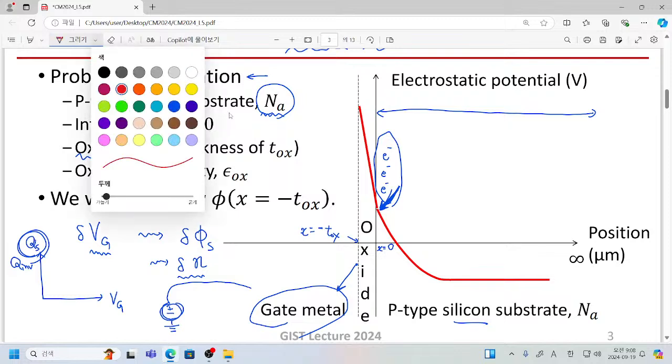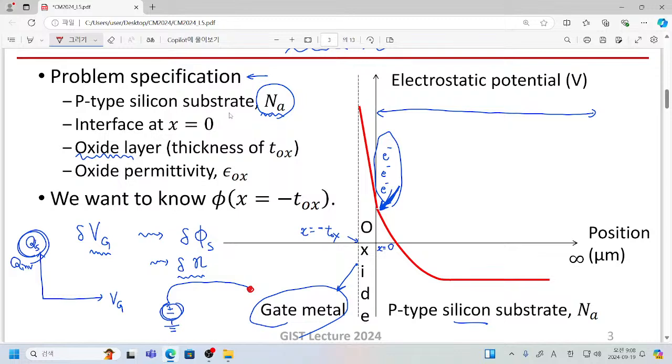Now we have a voltage source, and here we have the interface between metal and oxide. In reality, there can also be a certain resistance, and due to this resistance we can expect a small amount of voltage drop.